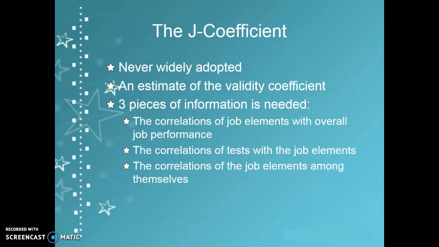It was proposed that the SMEs could estimate the first point, the correlations of job elements with overall job performance, but the other 2 needed to be developed over years of research and compiled, where the accuracy would only increase over time. Given several tests for job applicants, one could compute the J coefficient for each and use the test with the largest J coefficient as the best test for the applicants.